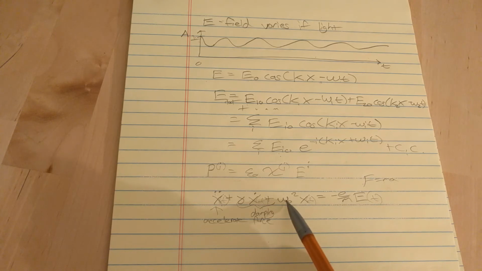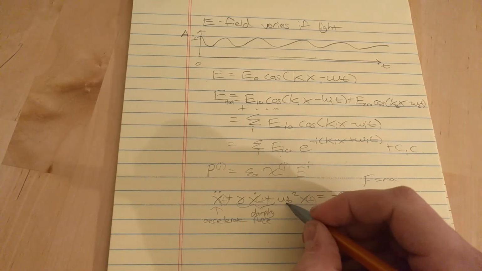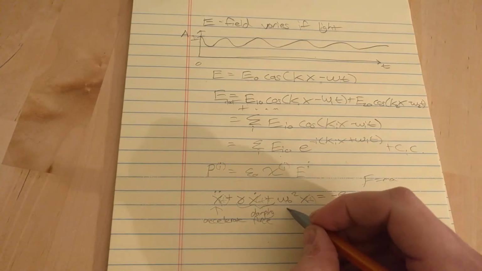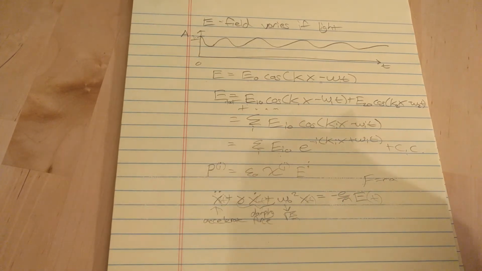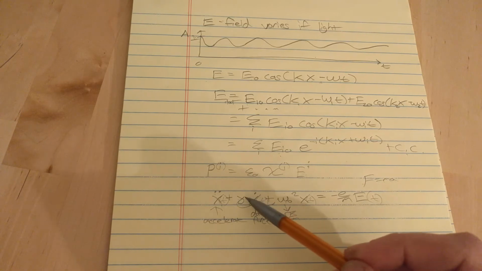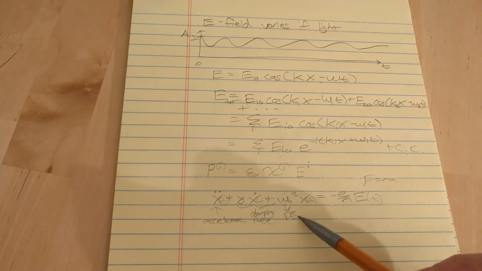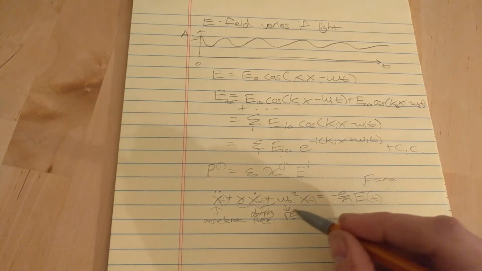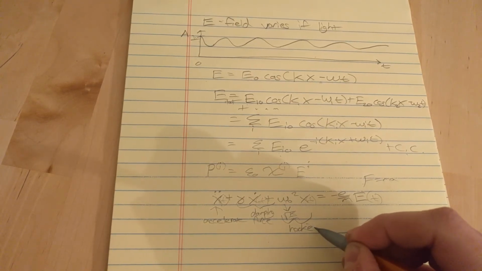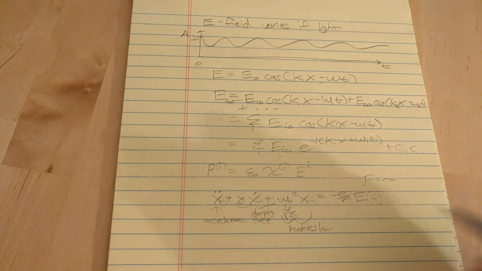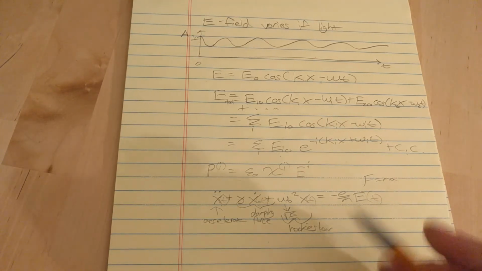And omega is the square root of the spring constant divided by m. The damping constant also depends on the mass. But this term just comes from Hooke's law. That's the restoring force.